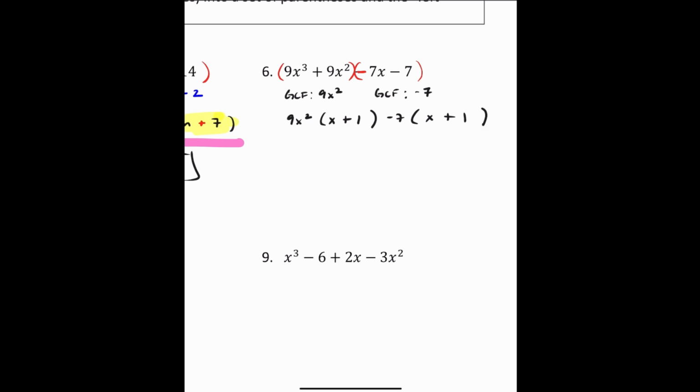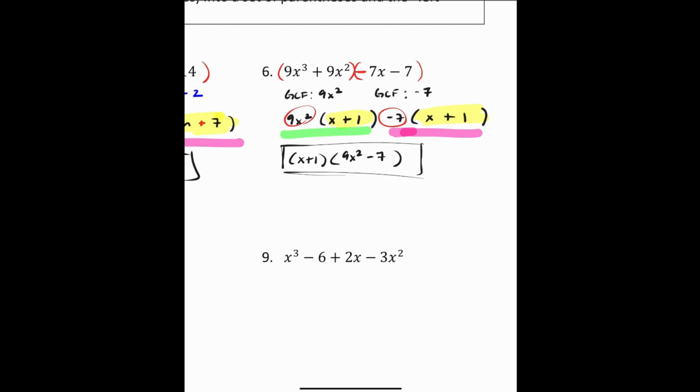So they have an x plus 1 in common, and that's what I'm going to factor out. So x plus 1 times my remainder, and I have 9x squared minus 7. So this is my answer.